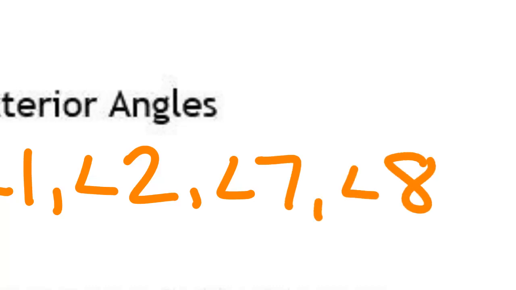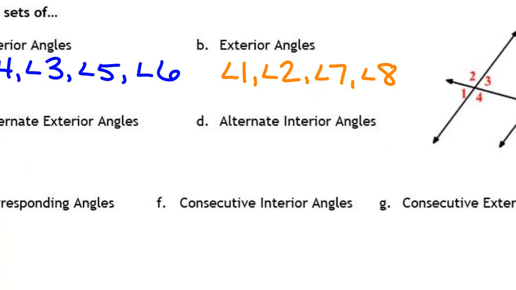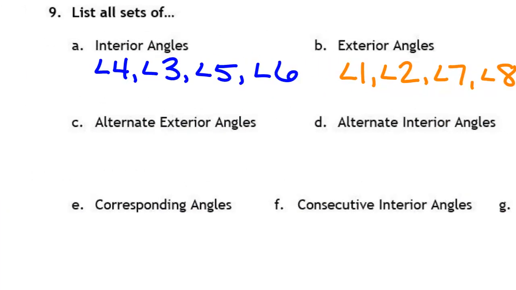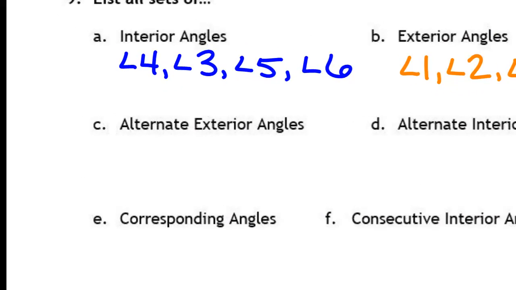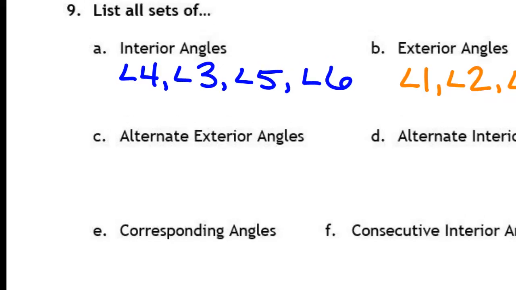Sorry, I'm just a little bit behind you guys. All right. What about alternate exterior angles? Angle 2 and angle 8, and then you said 1 and 7.